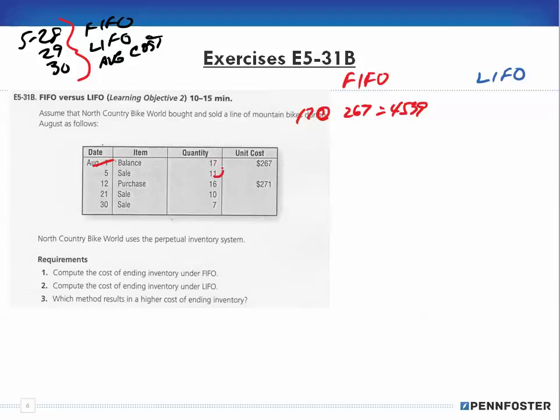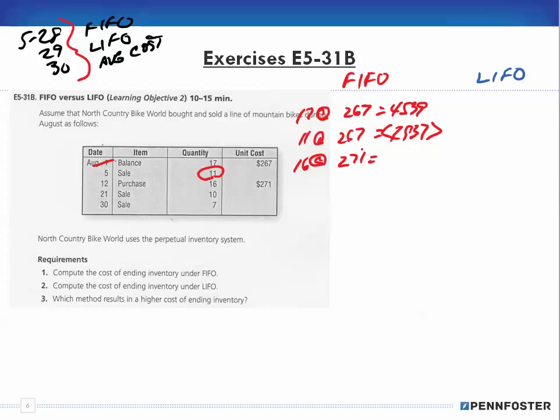Then I'm making a sale of 11, so I'm going to subtract out 11 at 267, which is 2,937. Then I have a purchase of 16 at 271.